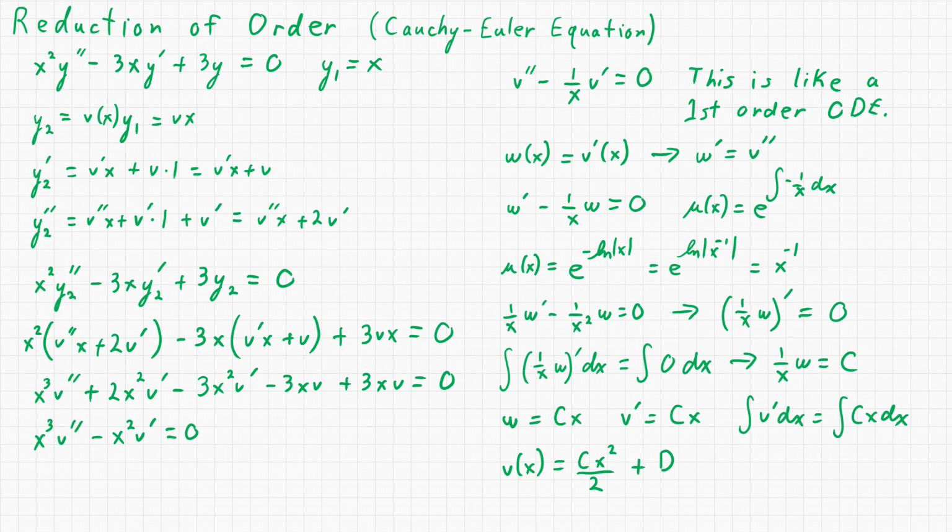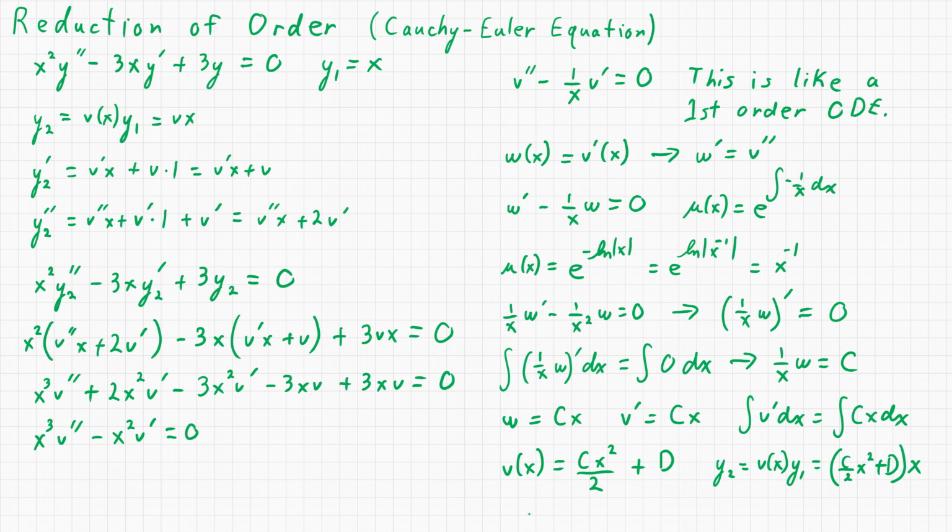All right, and so now we have cx squared over 2 plus d, and we're going to figure out what y2 was. So y2 was supposed to be v of x times y1. Well, what do I have here? v of x was a constant over 2 times x squared plus another constant times x.